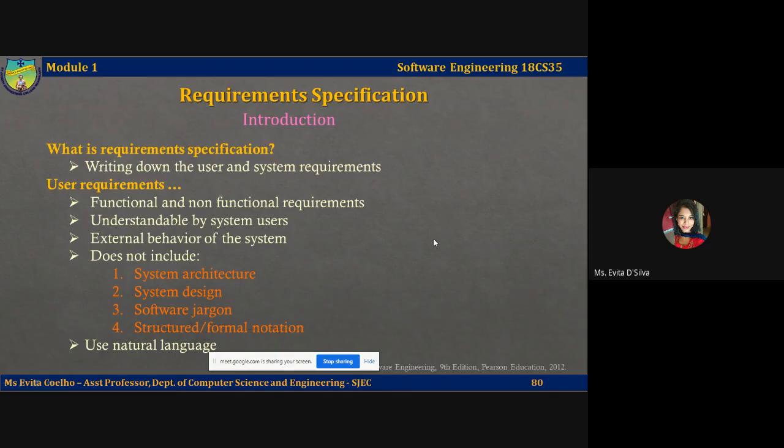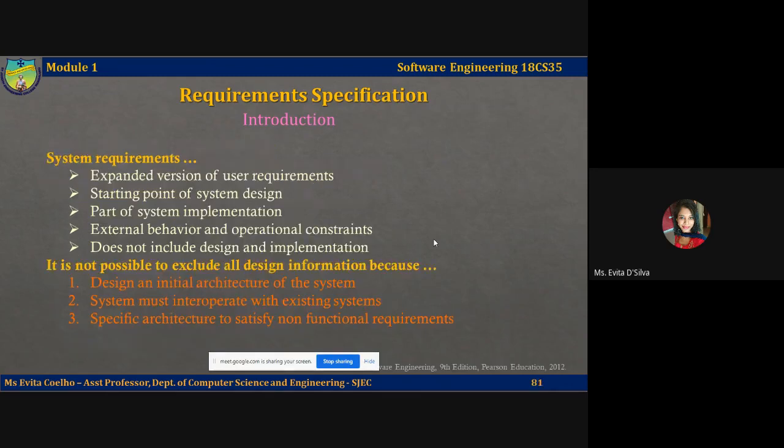Consequently, if you're writing user requirements, you should not use software jargon, structured notations, formal notations, and so on. Preferably, you should write user requirements in natural language with simple tables, forms, and intuitive diagrams.